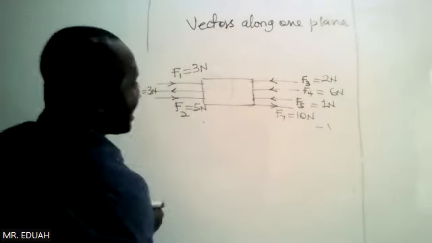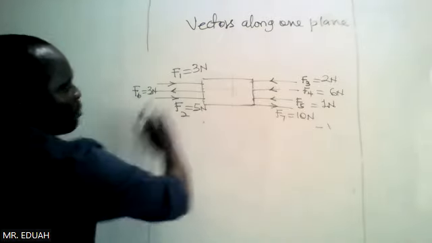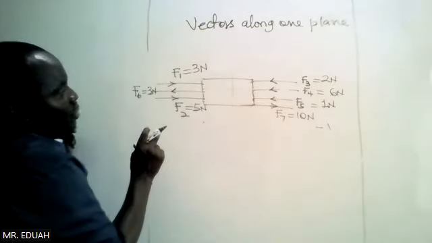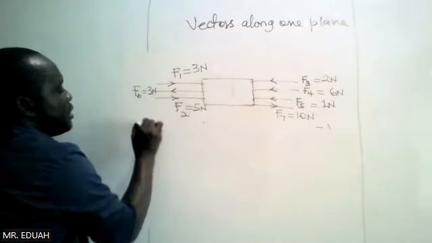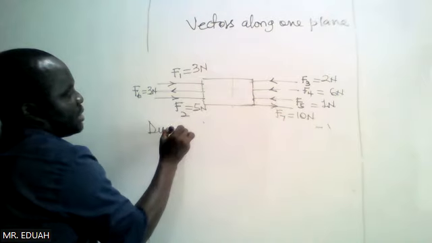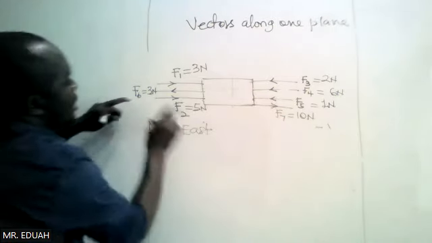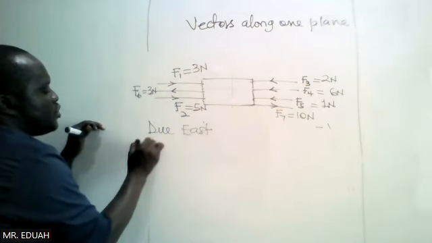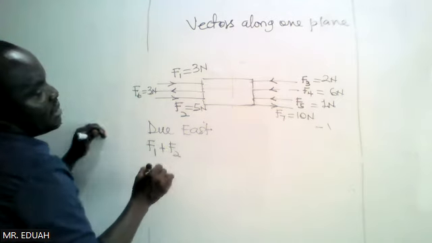So I identify all the forces in one direction from both ends. When I look at this, let's look at the forces due east. F1 is due east, so F2 is also due east.